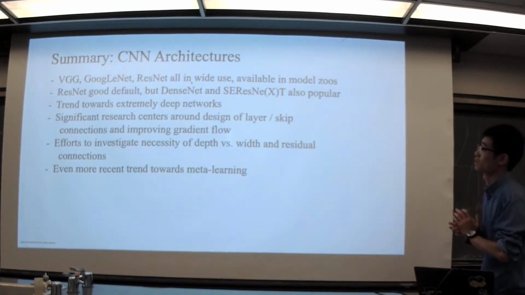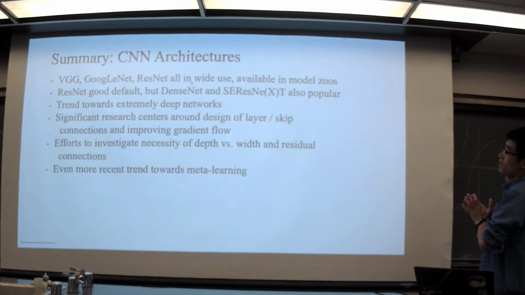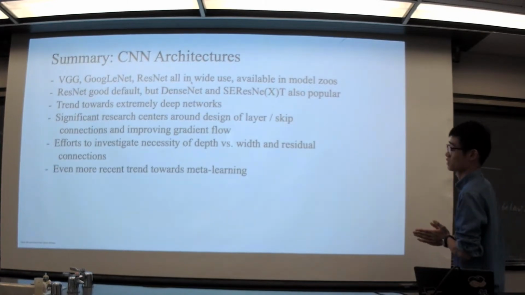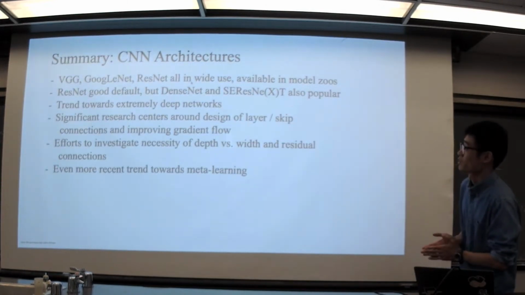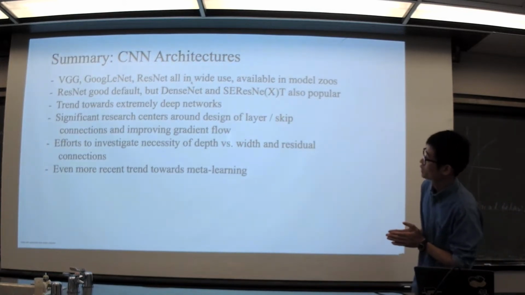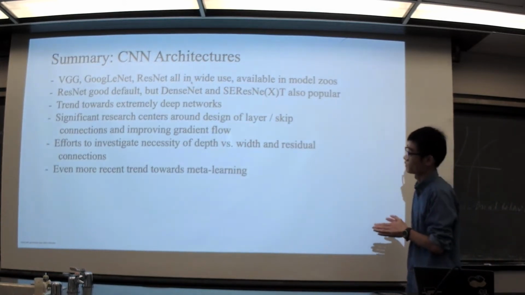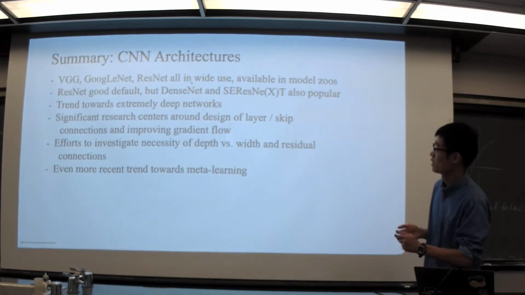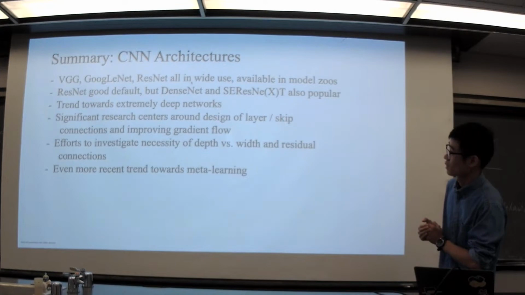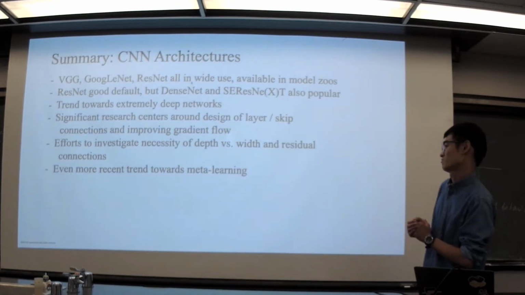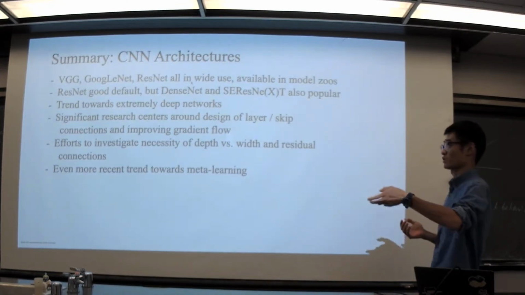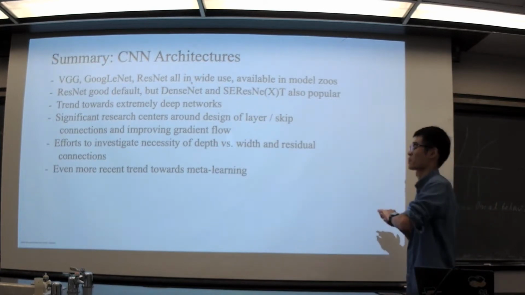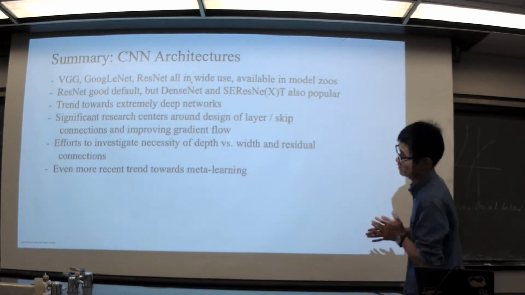VGG, GoogleNet, and ResNet are all in wide use, available in the Model Zoo, no matter whether you are using TensorFlow or PyTorch. ResNet is a very good default network, but you can try DenseNet and SENet. But I prefer to start from ResNet because it will not make any very big mistakes.